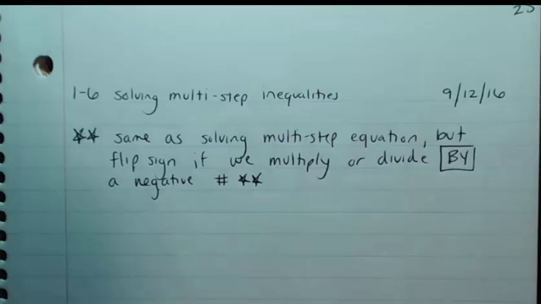So again, it's the same thing as solving multi-step equations, but we have to flip the sign if we multiply or divide by a negative number.